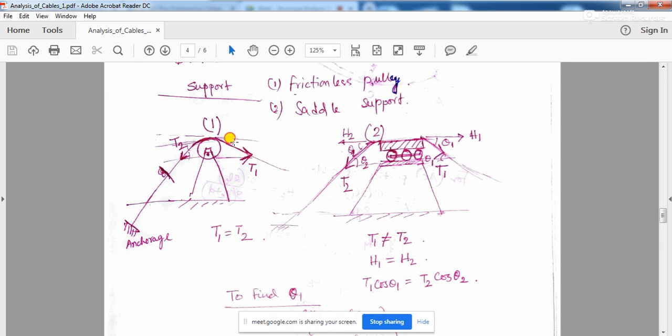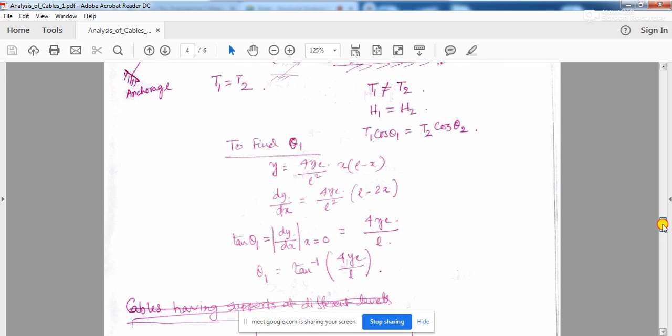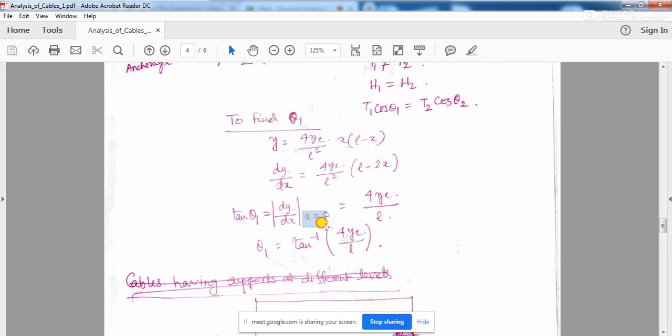If you want to find the value of theta exactly at the support, that is, the point where the cable starts, then at x equal to 0, the value of dy/dx gives you tan theta 1. If you put x equal to 0, then 2x becomes 0. So 4yc upon L squared multiplied by L gives you 4yc divided by L, because one L cancels out.